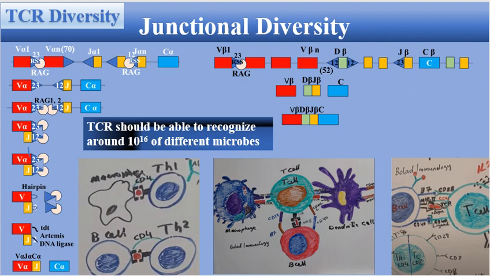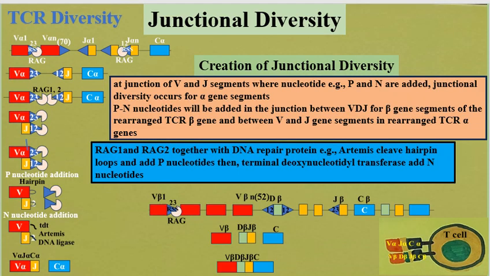And now I'm going to talk about junctional diversity. And as you may know, junctional diversity is beneficial for creating a diverse array of different TCRs required for recognition of around 10 to the power 16 of different microbes or different organisms.